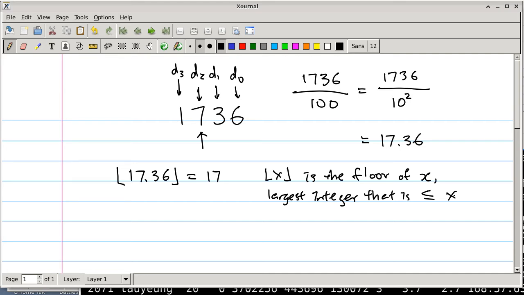So now I have 17, which is close to what I want, but not quite. Now we use the mod. So now we say, I don't need the whole 17, I just need the 7. Forget about the 1 or any other more significant digits. And mod can do it, because mod is the remainder of a division.